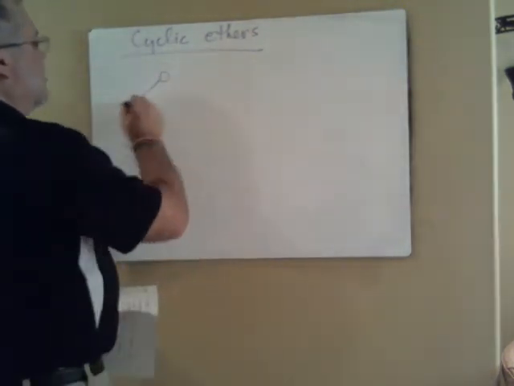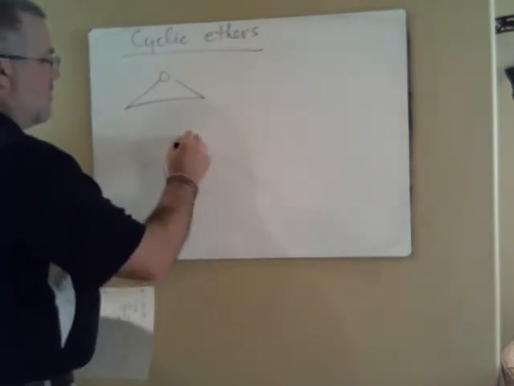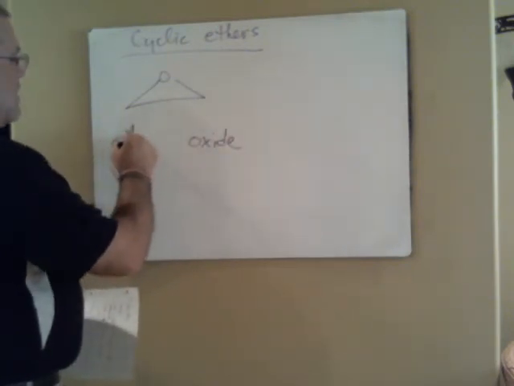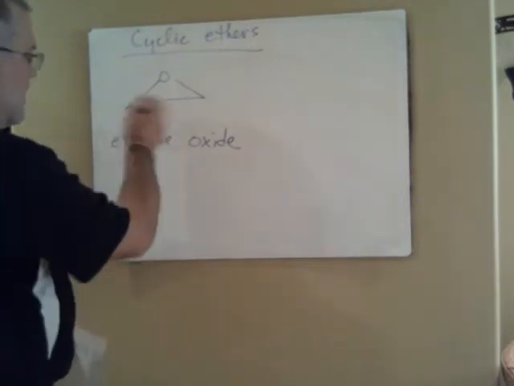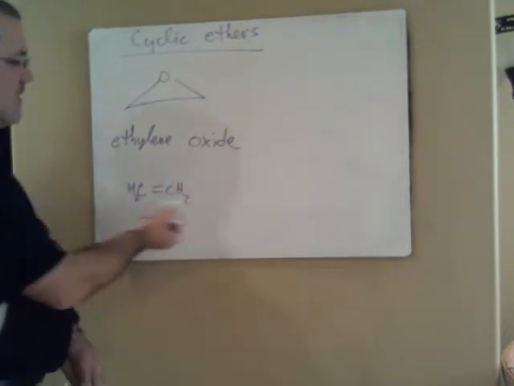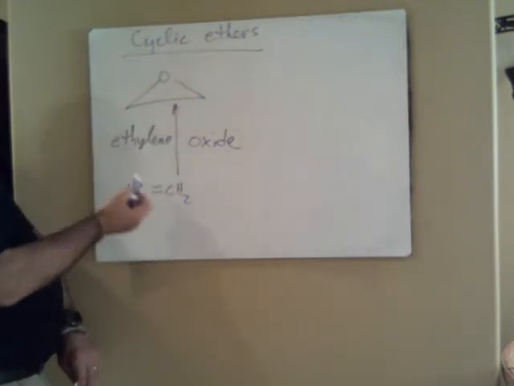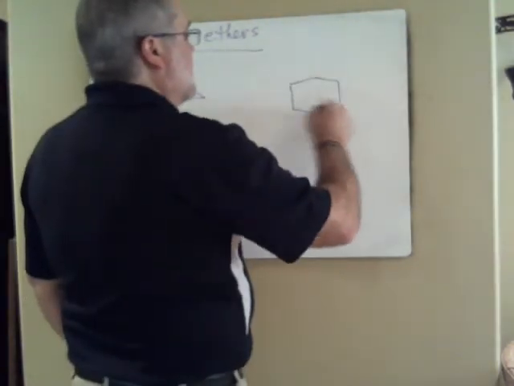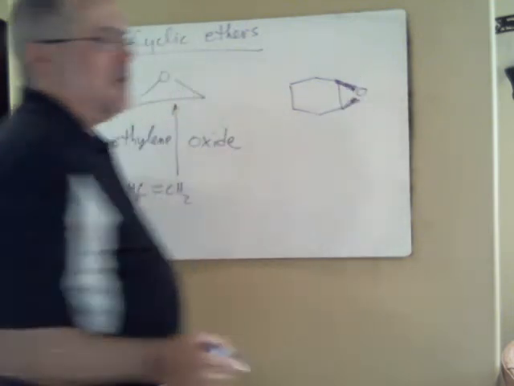So looking at the simplest case, okay, this would be called, if I was using the oxide nomenclature, so that's the second word, ethylene oxide, because this epoxide is made from ethylene. Okay, this is oxidized to give that epoxide, so ethylene oxide. And so how about this one? How would I name this?